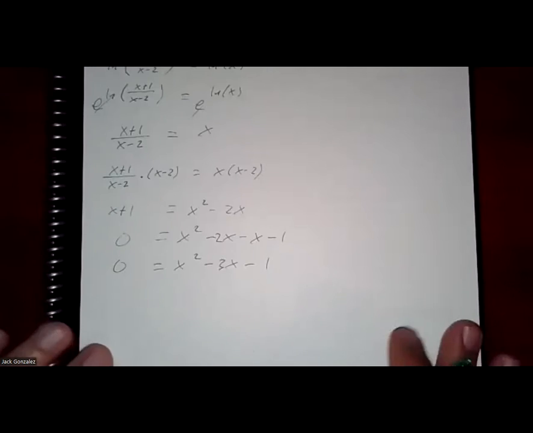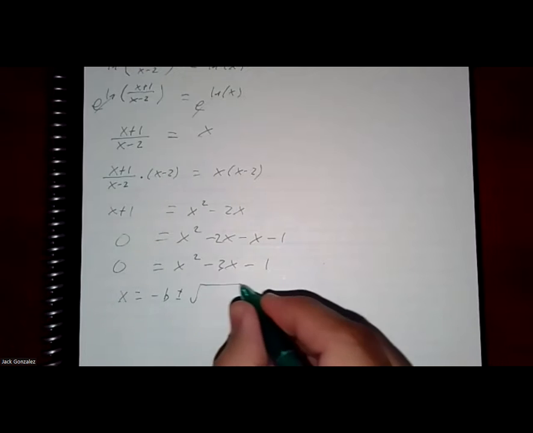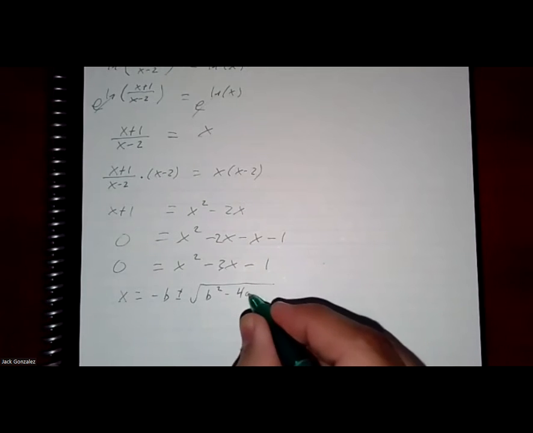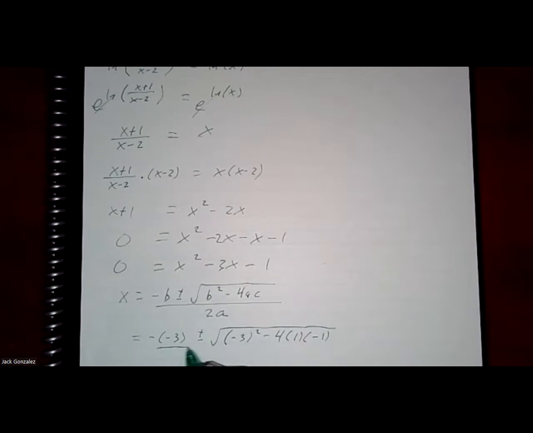Okay, so the quadratic formula: x equals negative b plus or minus the square root of b squared minus 4ac, over 2a. So that would be negative negative 3 plus or minus the square root of negative 3 squared minus 4 times 1 times negative 1, over 2 times 1.